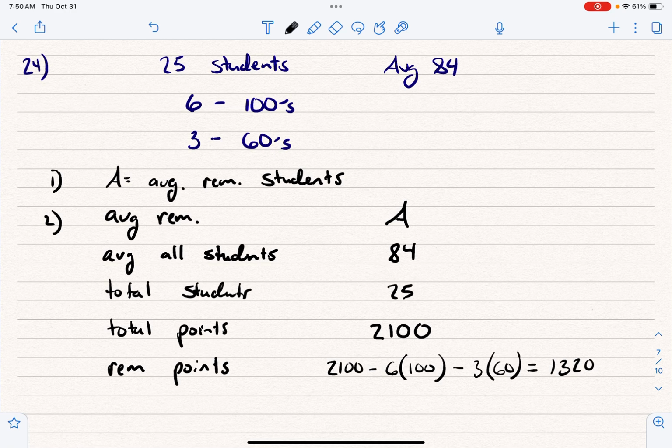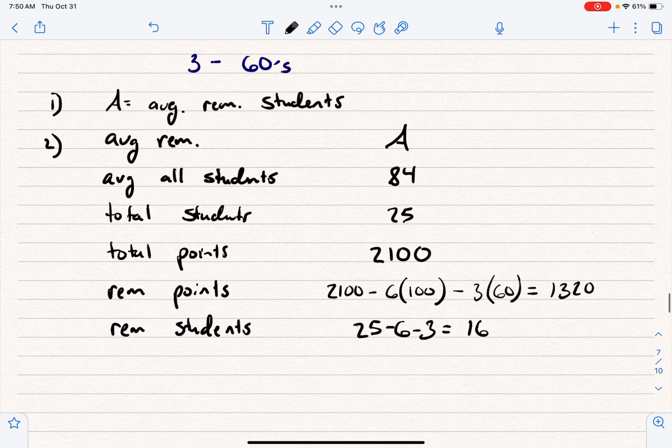And then we could also do remaining students, because we need to know how many students are left in this situation. The number of remaining students after we take out those, it's going to be 25 minus 6 minus 3, which gives us 16. And at this point, the problem becomes really simple.